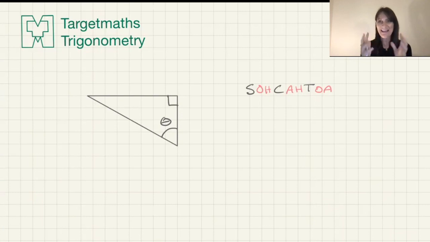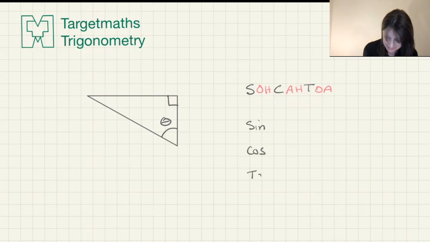So let's get started. This SOHCAHTOA is something that helps us select the right function. So there's 3 functions that you have on your calculators. You've got sine, cos, and tan.